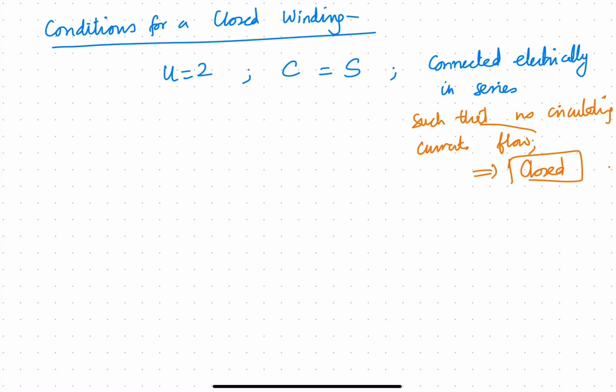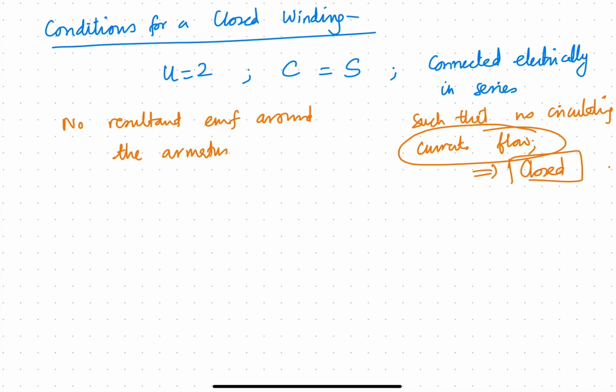When will this circular current be equal to 0? This will happen when there is no resultant EMF around the armature, or either this should be case number 1, that the resultant EMF around the armature is 0, or the resultant EMF of all the coils should be equal to 0.